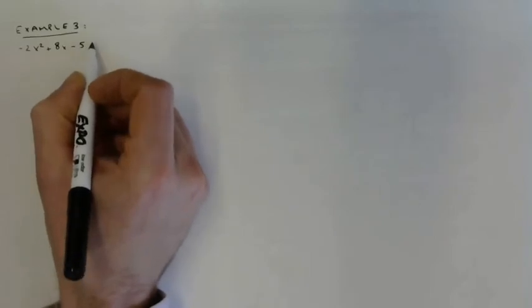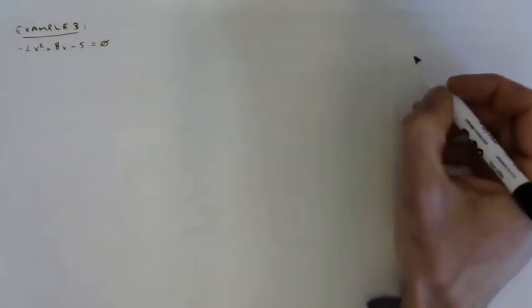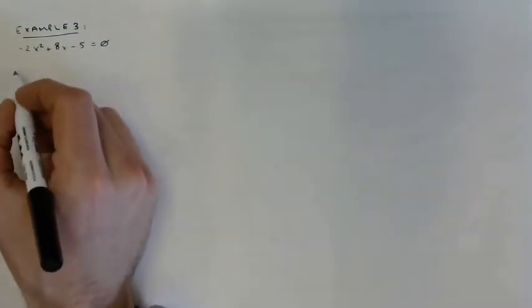First one is negative 2x squared plus 8x minus 5 equals 0. I'm going to assume that you know the quadratic formula, negative b plus or minus. I might help you out with this.